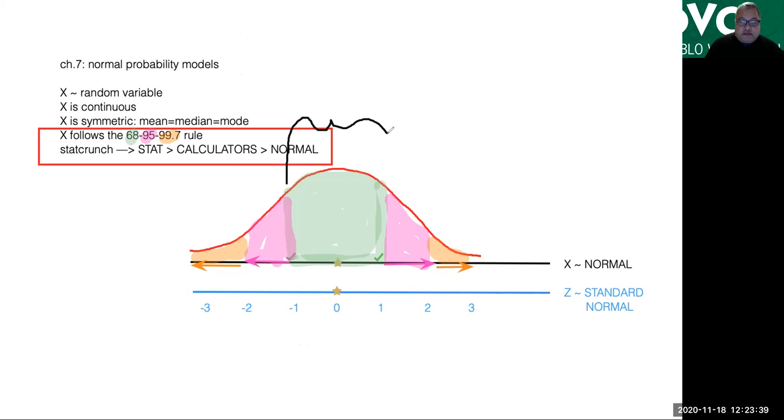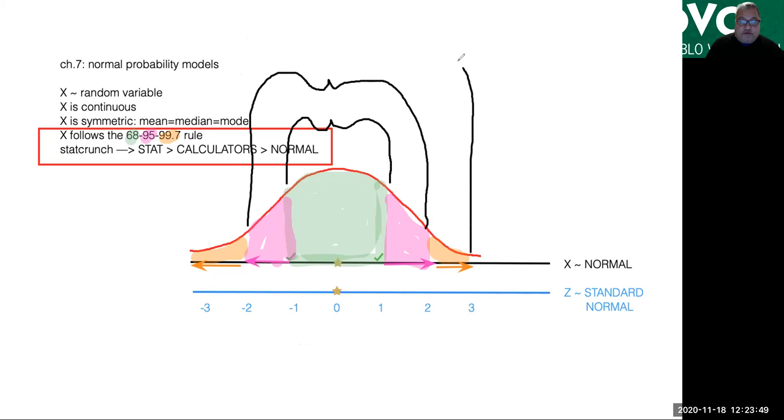The 68% in the green, the 95% in the green plus the pink zone, and the 99.7% that is in the combined pink and orange and green zones together. It's the name 68, 95, 99.7 for the whole model.